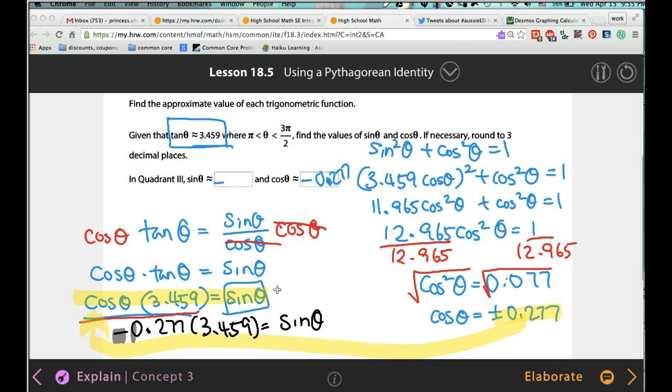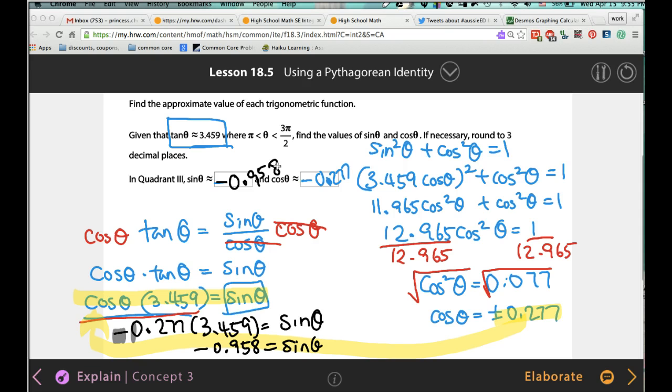So of course I'm going to use my handy dandy calculator. And that is going to give me sine theta is equal to negative, because negative times a positive is negative, 0.958. So there you go. This answer is negative 0.958. And we are done.